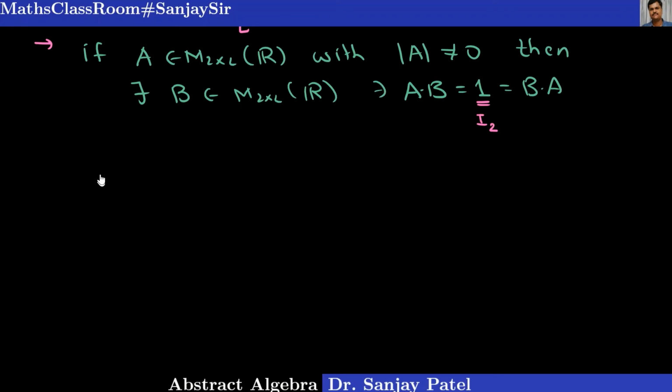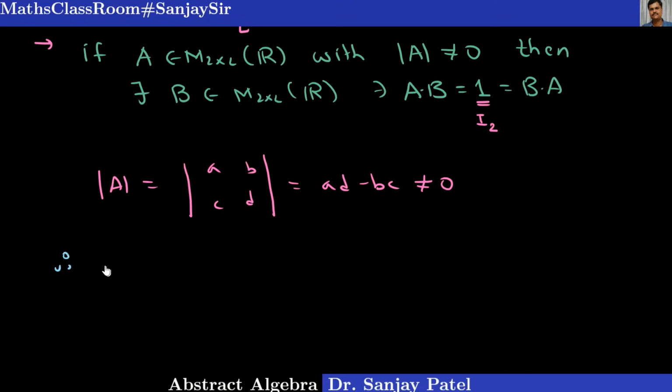So the multiplicative inverse of a non-zero matrix exists if its determinant is not equal to 0. What is mod of A? Mod of A means the determinant of the matrix A, B, C, D, which is A into D minus B into C. So this must be non-zero. Such a matrix is known as a non-singular matrix.